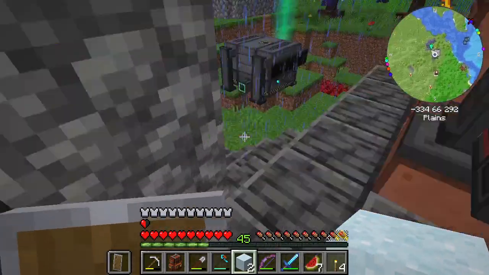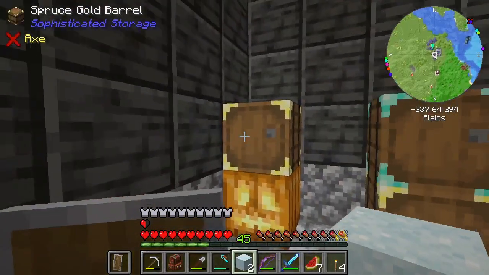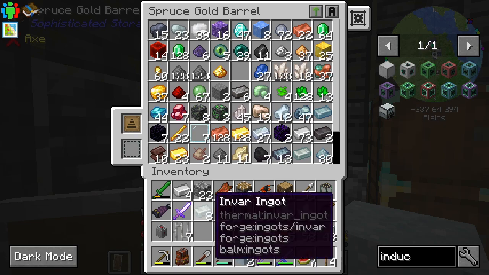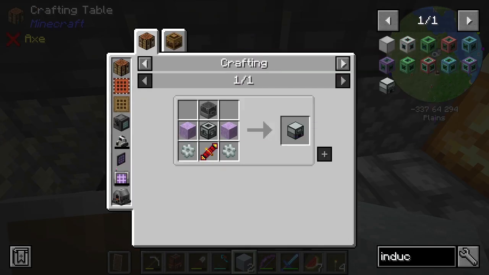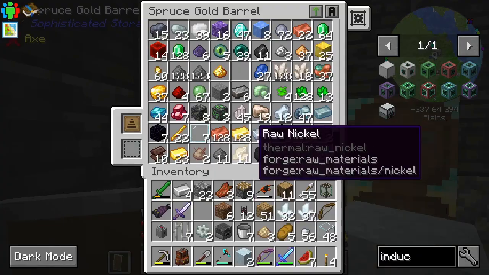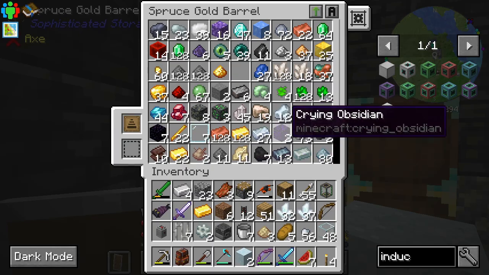So I'm going to put the extra invar away and use the rest to make invar gears. Oh yeah, I need an ingot of gold for the circuitry.